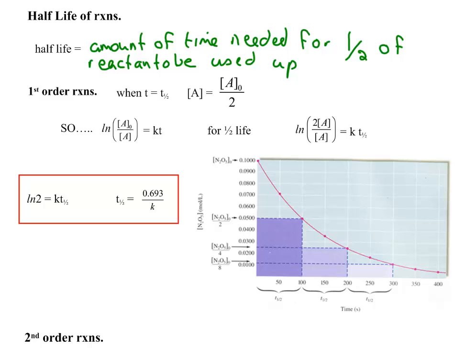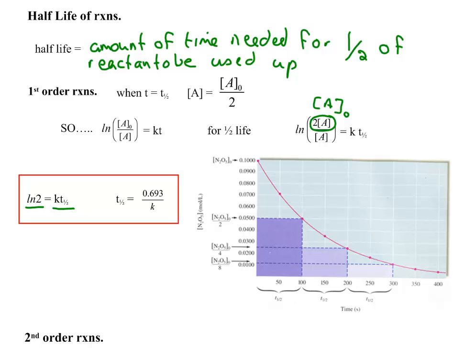So if I take a look at this natural log equation, where I have the natural log of the initial concentration over my concentration at time t equaling kt, when I'm at the half-life, then I can substitute 2A in for the concentration of my substance initially, or the initial concentration. And what I get then is the natural log of 2 equals k times my t1/2. I can rewrite that. If I know k, then I can find the half-life time for my reaction.